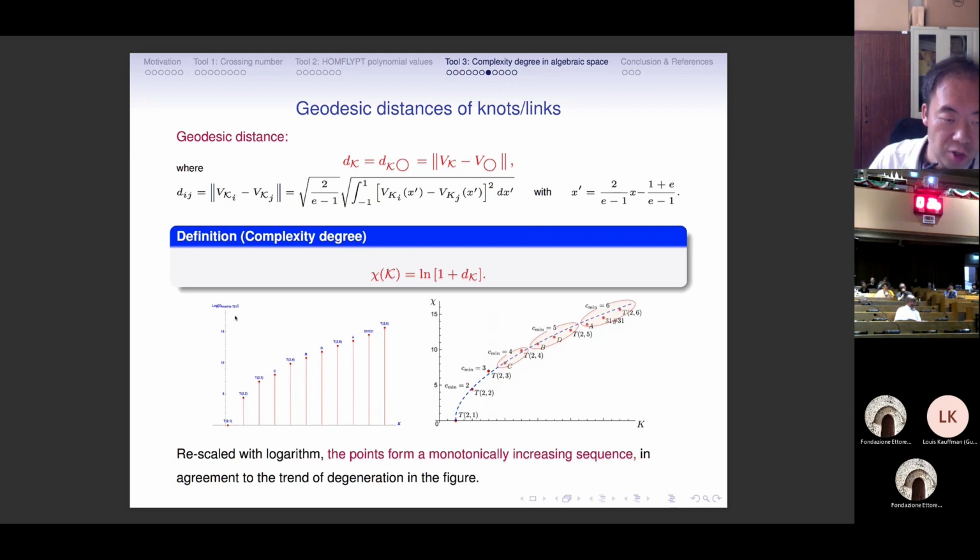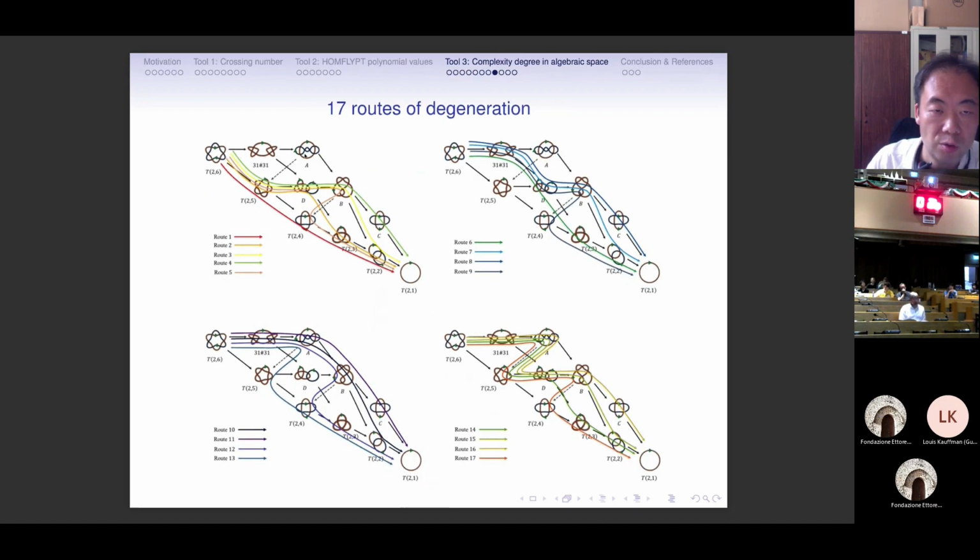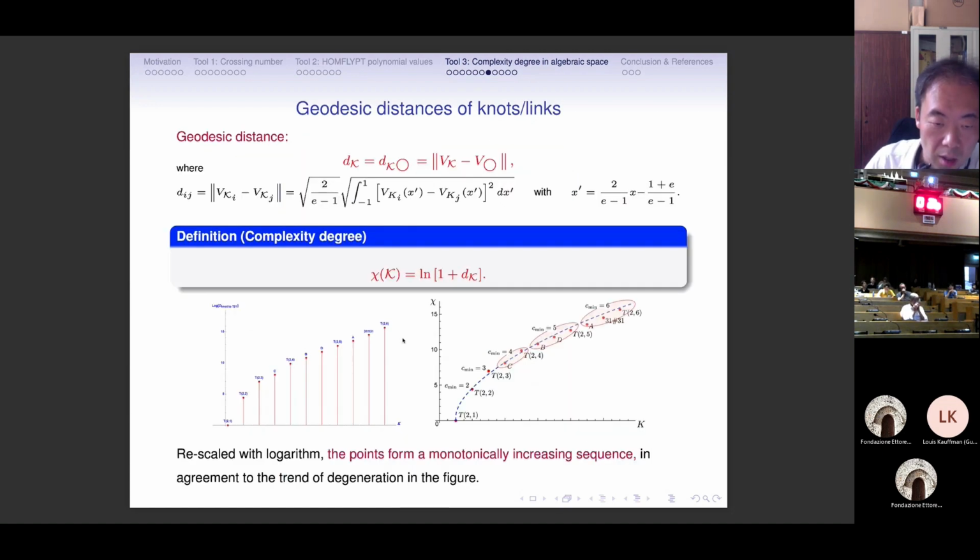Then using this definition, we can compute the complexity degrees of those knots, 1, 2, 3, 4, 5, 6. We just see a very fantastic sequence. This is T26, the initial point, the midway stage, and that one is the final one.